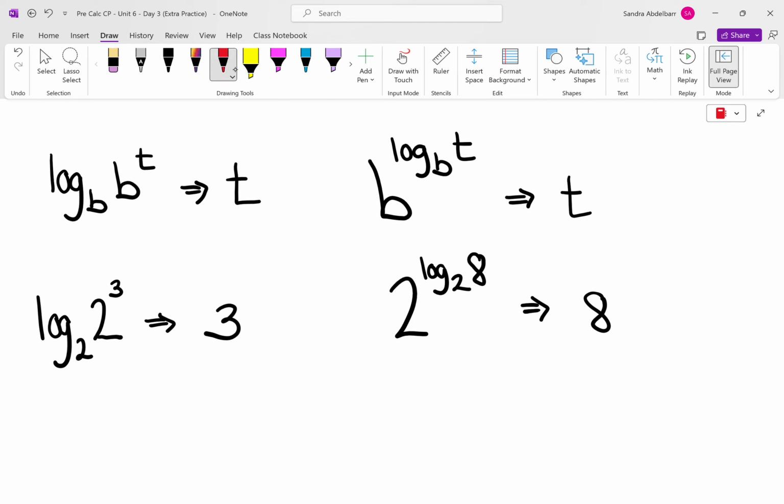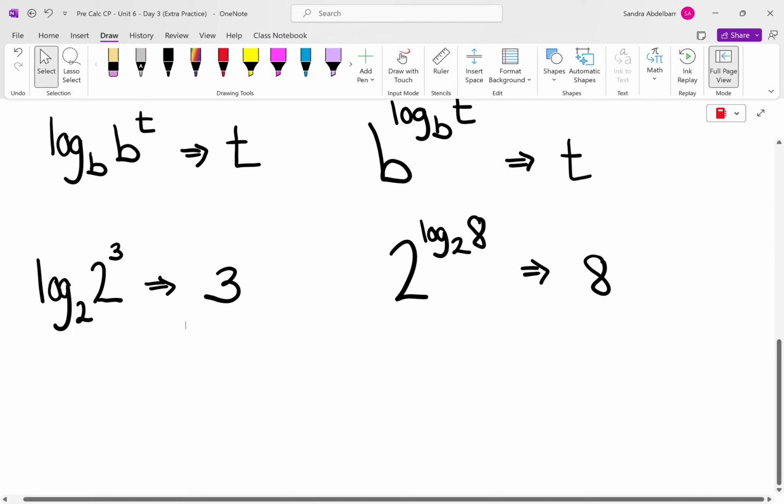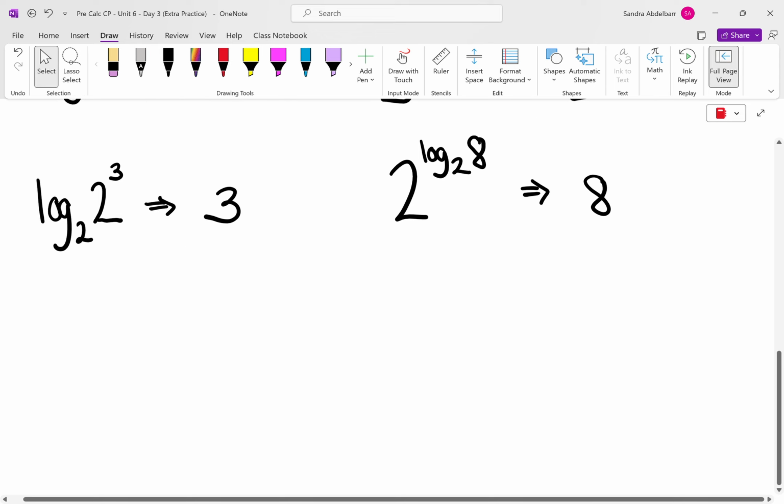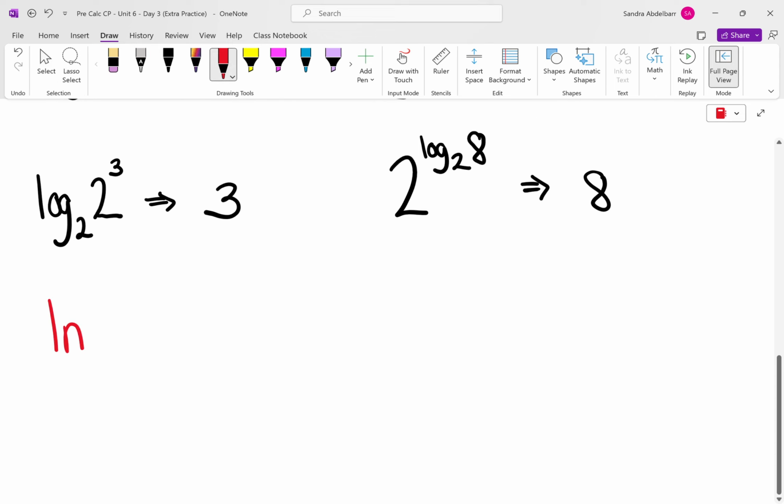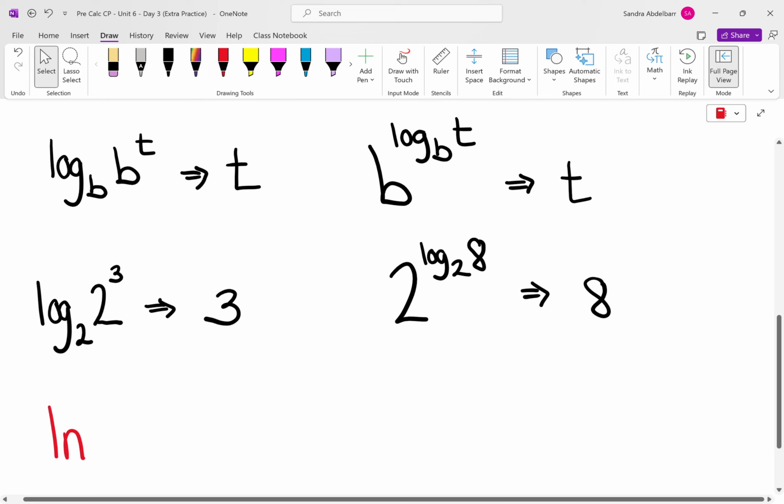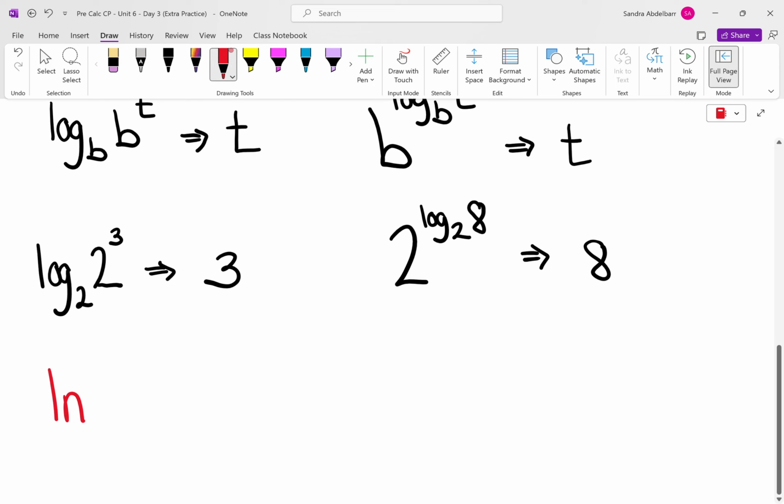And I think the other rule was just doing it with the ln. So if I have the ln, the natural log, ln of e to the t is equal to t. Same rule. It's really just the same exact rule. I'm just writing ln instead of log base e.